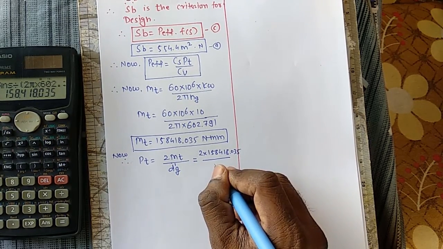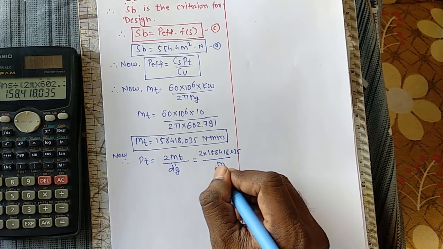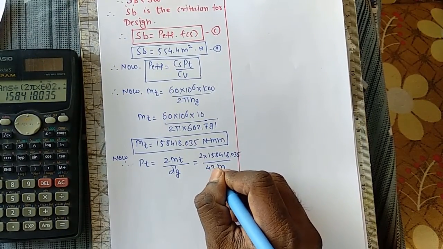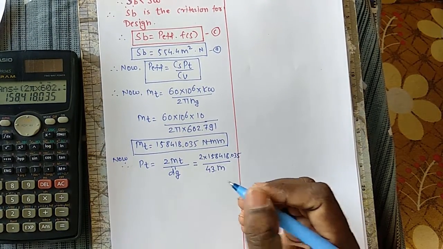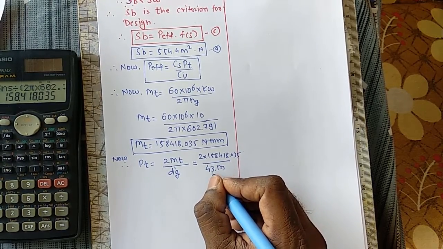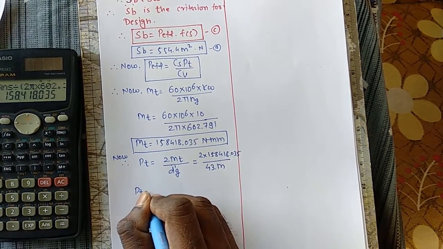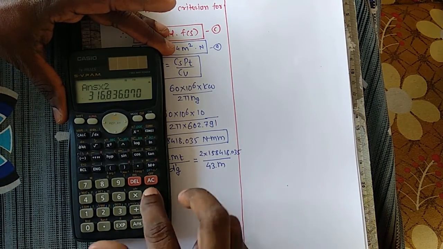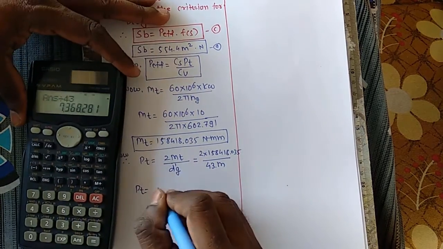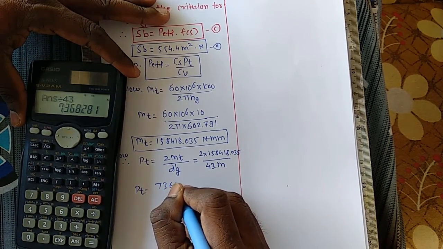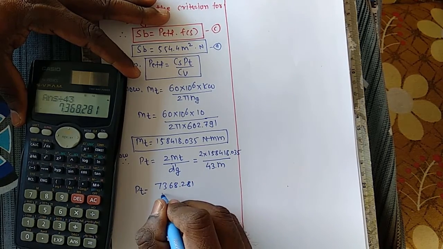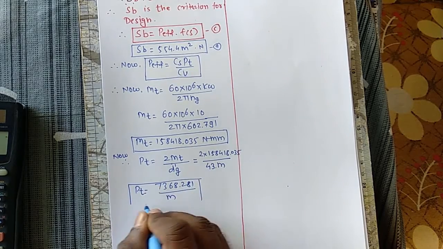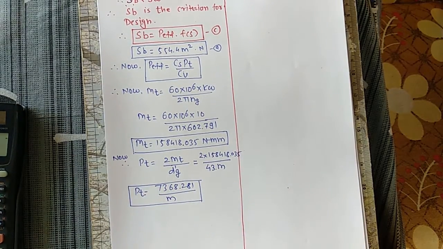M is unknown and the number of teeth on the gear are 43. So I will calculate PT. Already I have this value with me, into 2 divided by 43. So I got the value 7368.281 divided by M as the value of PT.